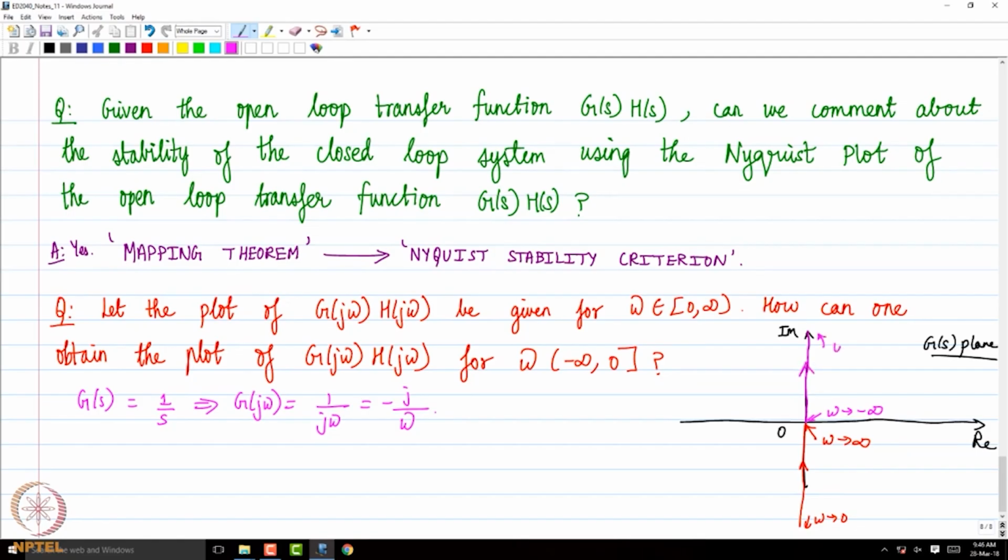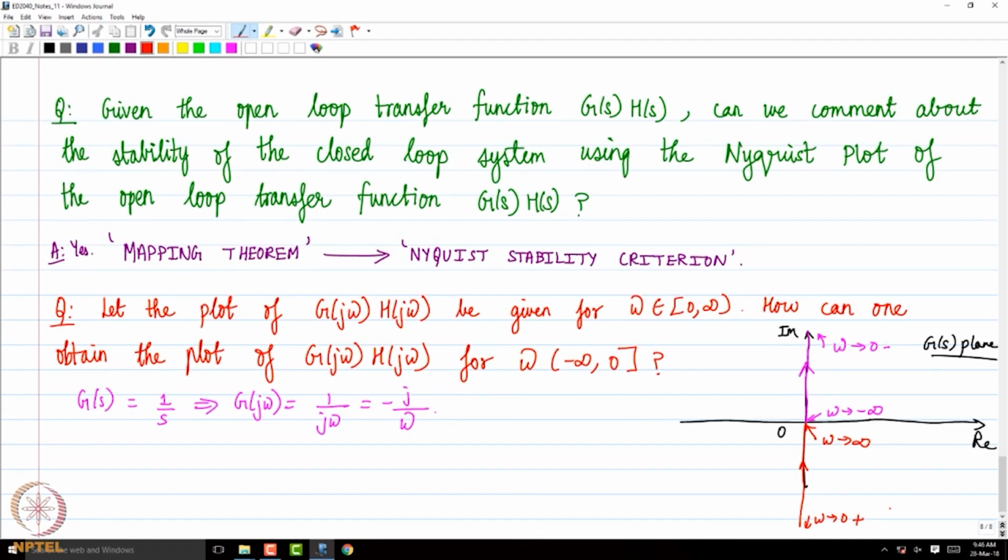This is omega tending to 0 minus. I am putting a 0 plus and 0 minus just to indicate from which side I am coming to 0. 0 plus means I am going to 0 from the right, and 0 minus means I am coming to 0 from the left, the negative side.